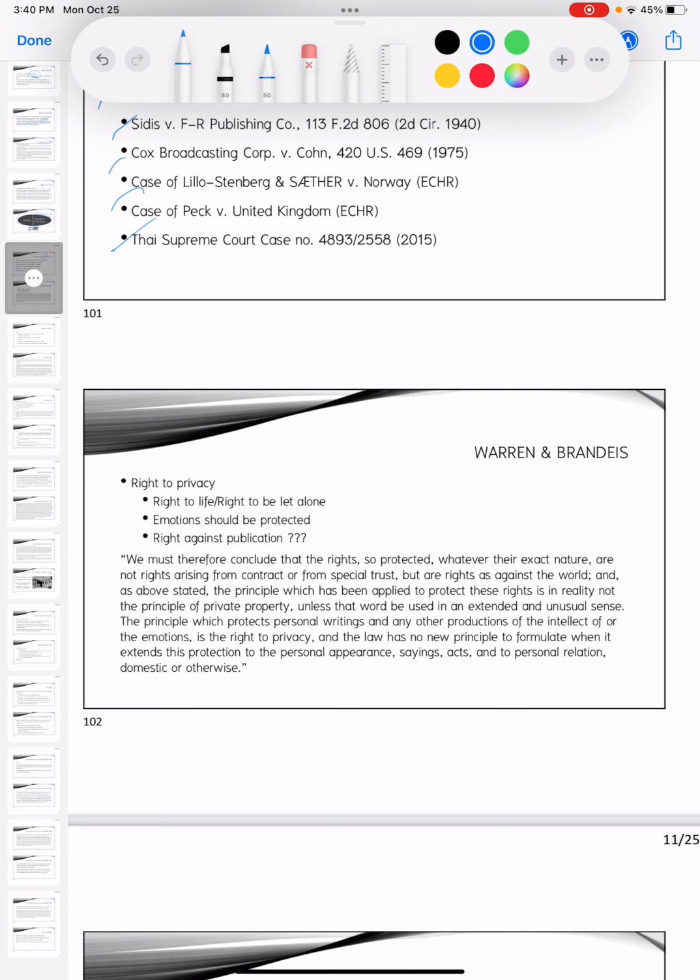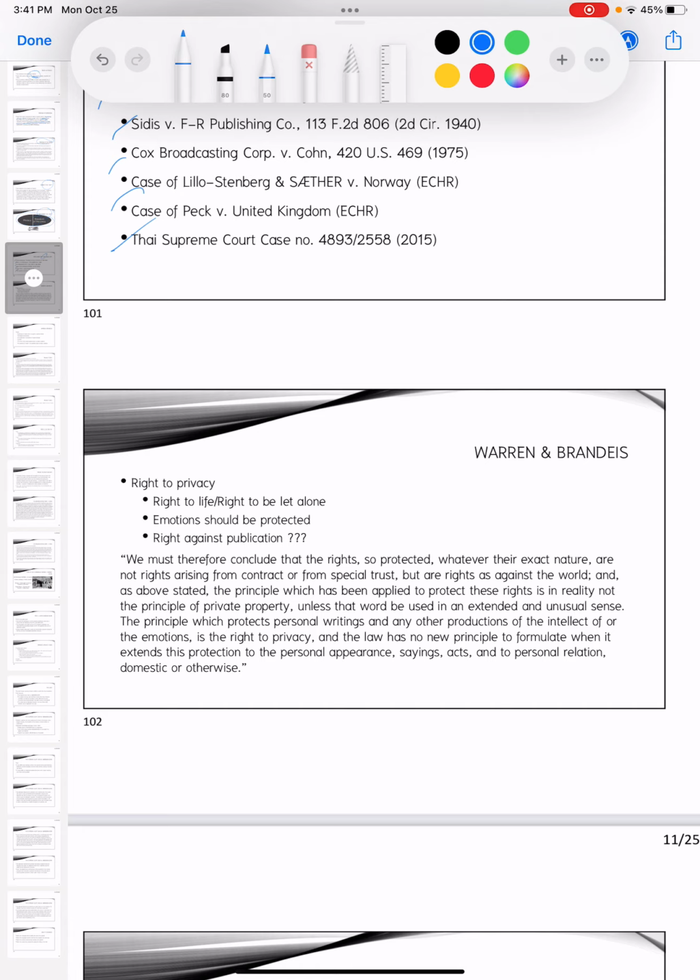Sometimes the court must develop its own legal principle to be applied in the case. And this article has been cited in court decisions so many times, uncountably. They refer to this article all the time when they talk about privacy.